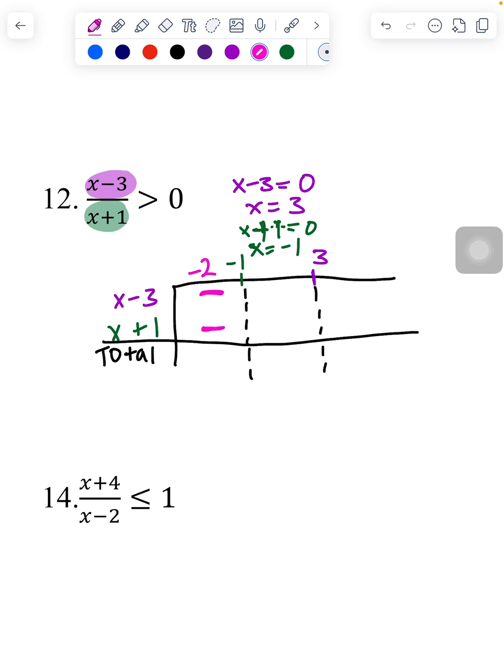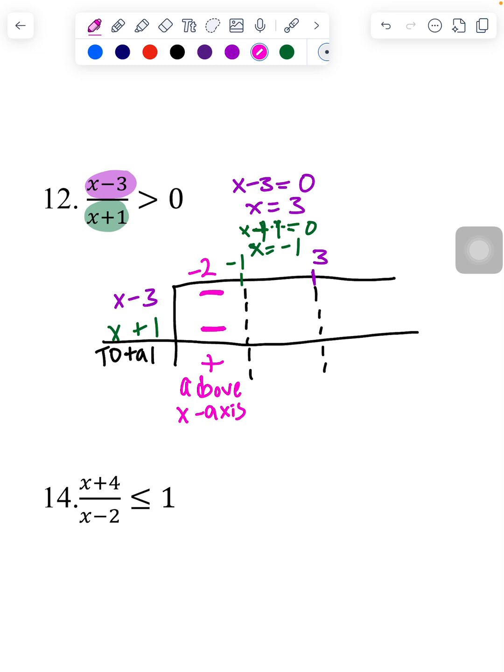That'll still remain negative. So I have a negative on both of those. If I plug those back into my equation, I have a negative divided by a negative, which ends up being a positive. Okay, so anywhere to the left of -1 on my graph, I will be above the x-axis. So I will mark that there.